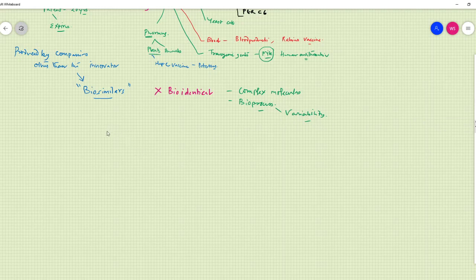So let's take an example. Let us think of a biologic that is produced by a biotech company. Let's say this is a biotech company and this company is trying to produce insulin.